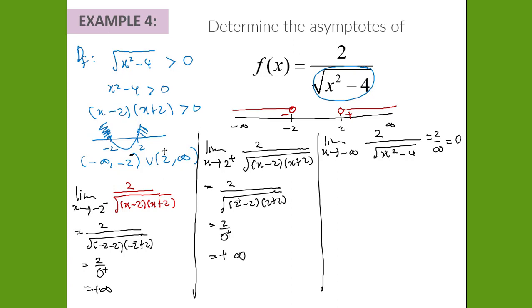Infinity squared minus 4 stays infinity, positive. The square root of infinity gives a positive, big number. 2 over a big number is equal to 0. The limit as x tends to positive infinity, same reason, also gets 2 over infinity, which is 0.